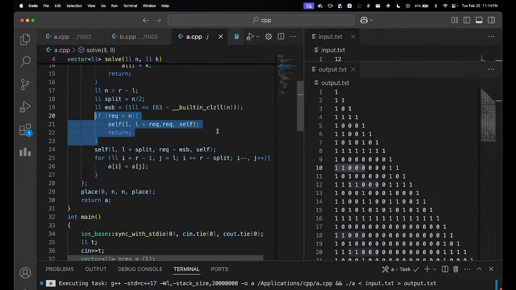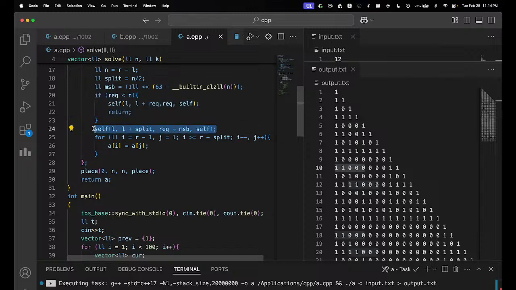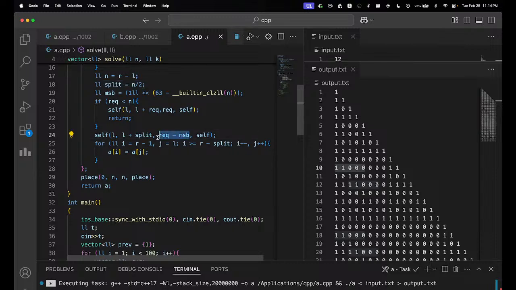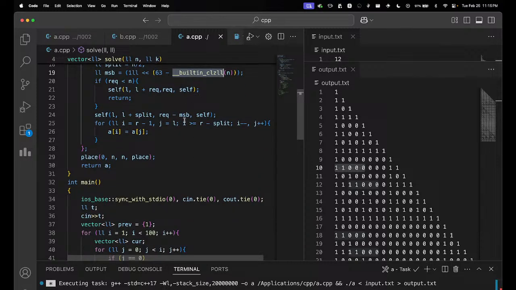And then what I do is I split at the split point, and my required changes to required minus MSB. MSB I calculate by the built-in function CLZLL, which returns the leftmost set bit, so from that I get the power of the MSB, and then my required changes.